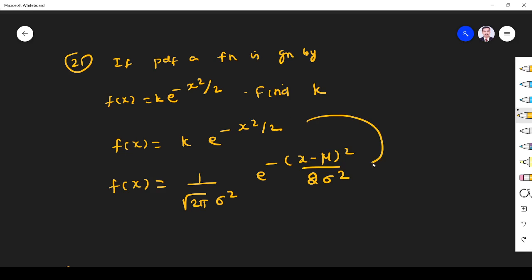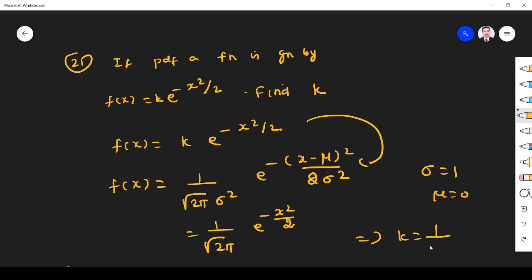So if I compare these two, sigma is equal to 1 and mu is equal to 0. If you substitute mu 0, sigma 1 in this equation, you get 1 by root 2 pi e power minus x squared by 2, right? So for that condition, if you compare these two, this implies k is 1 by root 2 pi.